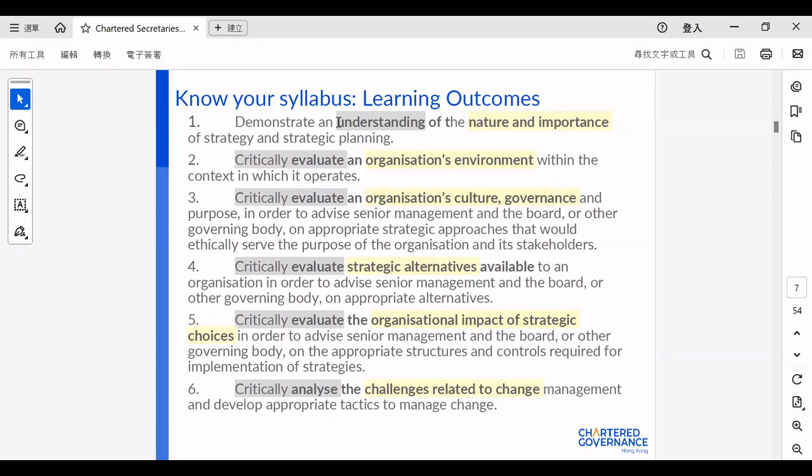So similarly, in learning outcome number 2, they also look for a critical appraisal of the internal and external factors. Probably you are very familiar with these analytical models, the PESTEL, the SWOT, the 5 forces. I'm sure that you know all these things. These are quite simple and quite easy to understand. But what the examiner wants is not that you can recite what these things are, but you have to apply these tools.